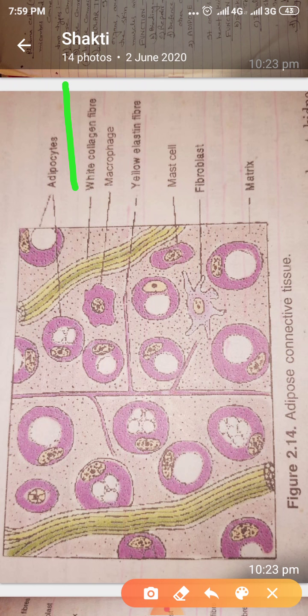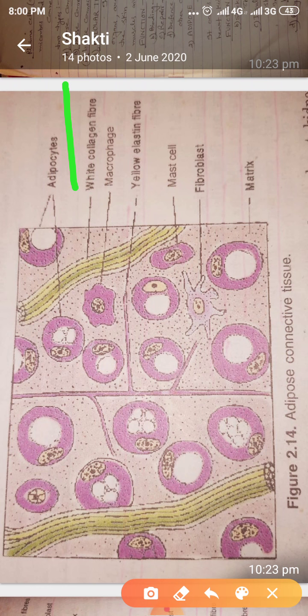Okay, these cells help in storing the food, and it is found just below the skin. Because fat is a bad conductor, it makes a bad conductor layer, an insulating layer in our body. Then it also helps make a cushion-like appearance around our delicate organs to absorb shock, that is a shock absorber.